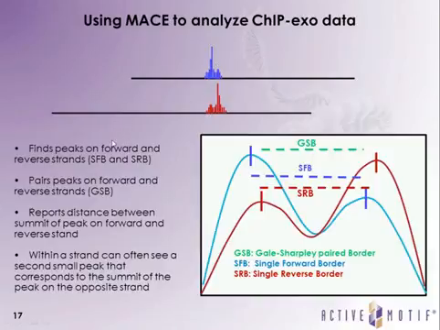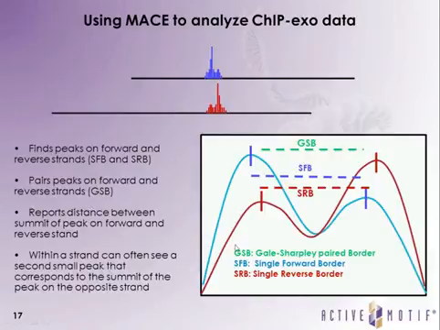So MACE is designed to look at this buildup of reads at these different borders, and it identifies both a forward binding border on the forward strand and a reverse border on the reverse strand, and then uses its pairing algorithm to combine these borders and identify how these borders align with one another.